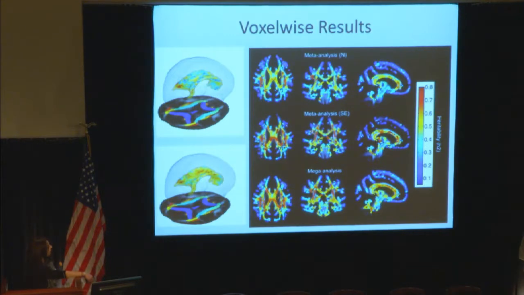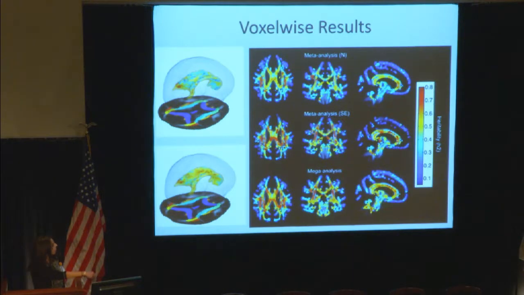And here's another view of the Voxelwise results, comparing the meta-analysis weighted by the number of subjects, the meta-analysis weighted by the SE, and also the mega-analysis. You can see the meta-analysis weighted by the number of subjects shows regions that are less heritable than the others.